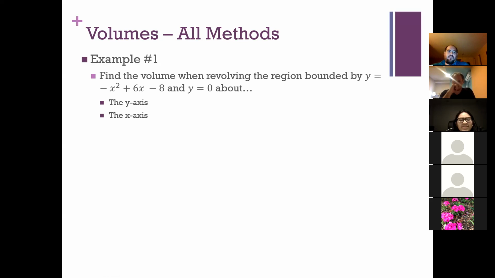So I want to take this volume, this region right here, this parabola, and let's just talk about what would be the best approach to revolve it around either axis. So first things first here, let's draw this out.